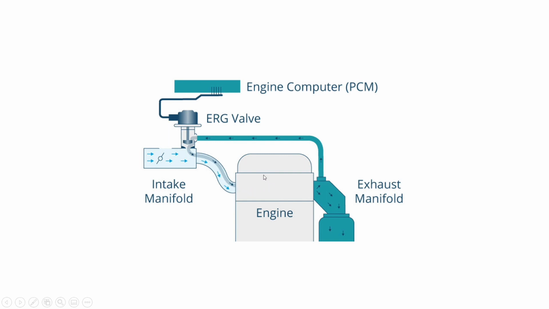And obviously, once it's been burnt once, it can't burn again. So what that does is it reduces the combustion temperature and therefore prevents those oxides of nitrogen from being formed.